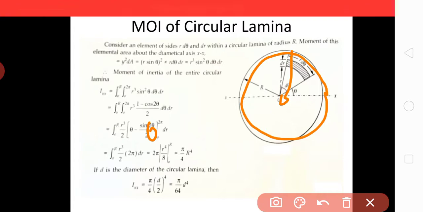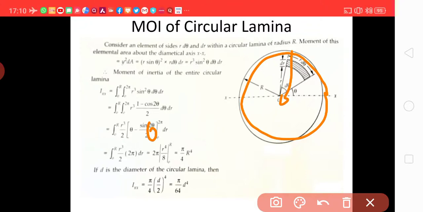So it becomes the integral from 0 to R of r cube by 2 into 2 pi dr. 2 pi being constant is taken outside, then it becomes r to the power 4 by 8, with limits 0 to R. When applying, it becomes pi r to the power 4 divided by 4.